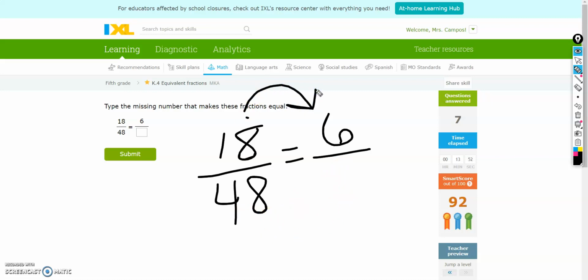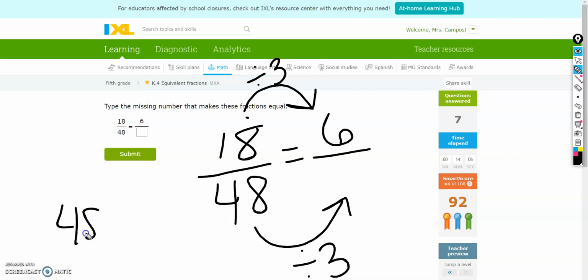How do I get an 18 to become a 6? I divide by 3. So if I do it to the top, I do it to the bottom. 48 divided by 3, you may need to calculate that over to the side. So 48 divided by 3 will be 16.